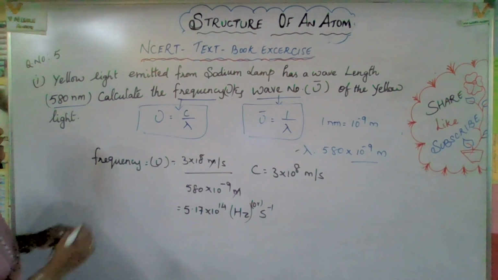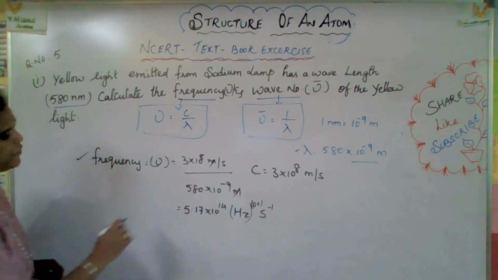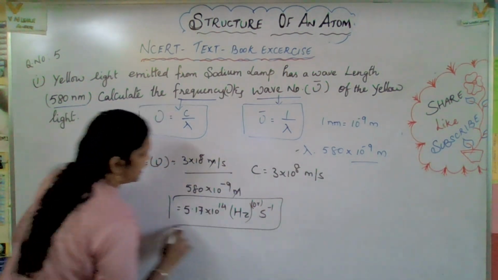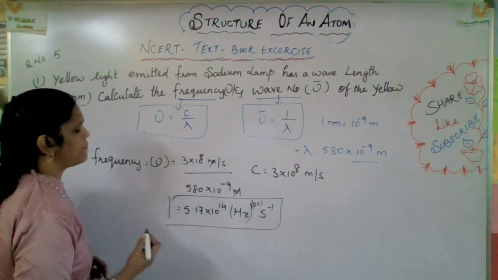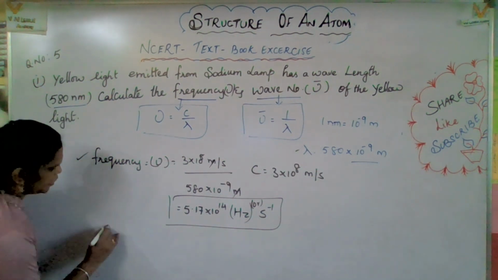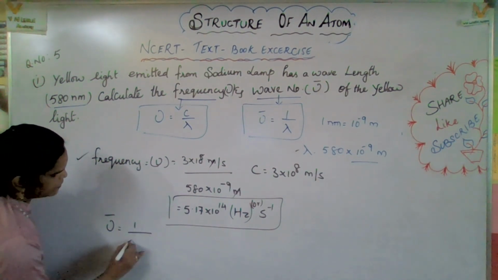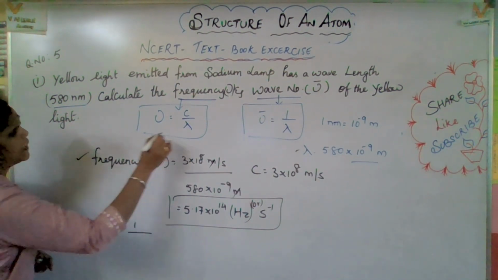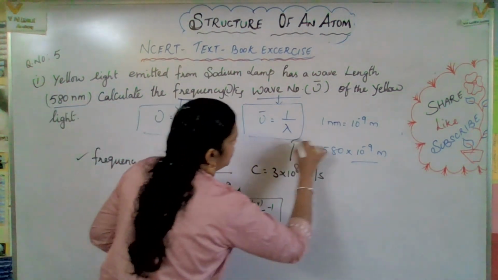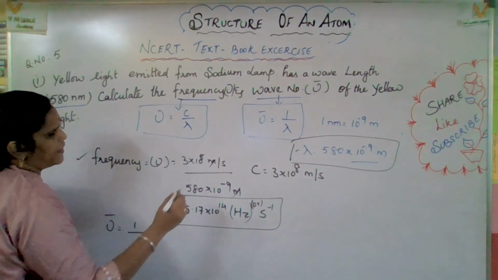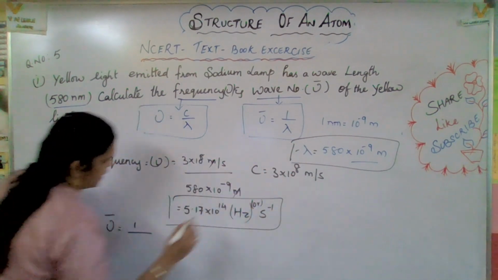Okay, now this is for frequency. Now another one, wave number. Wave number nu bar is equal to 1 by lambda. 1 by what is the lambda value? The lambda value is 580 nanometer, right?